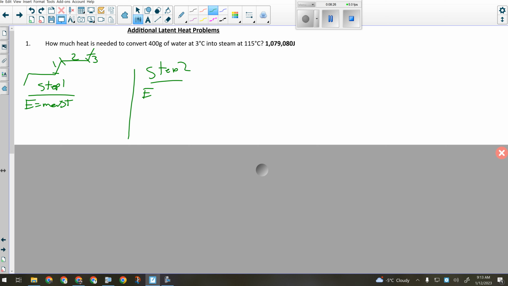In order to calculate how much energy is required to vaporize something, I use the formula E equals mLV. That's the only thing you have to memorize here, is what formula to use where. And then in step 3, I'm changing the temperature of the steam, so we're back to E equals mc delta T because the temperature is changing again. Everybody with me so far?